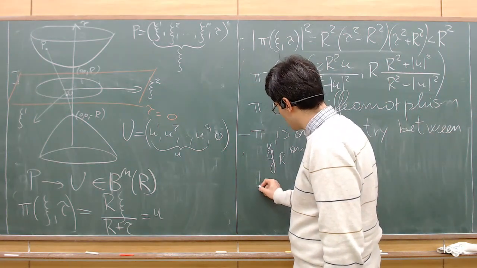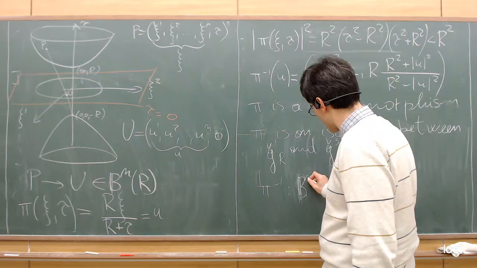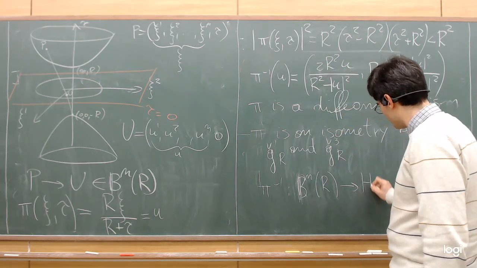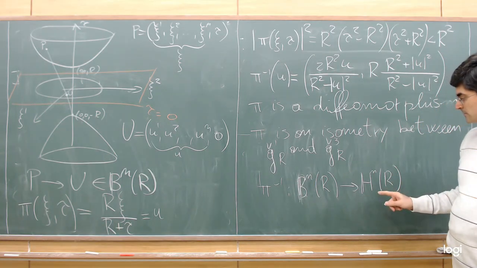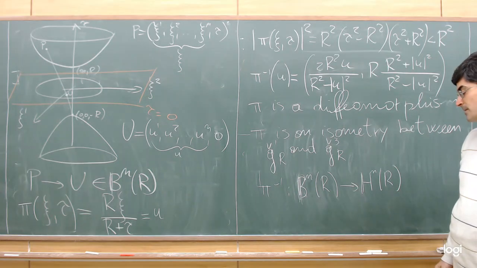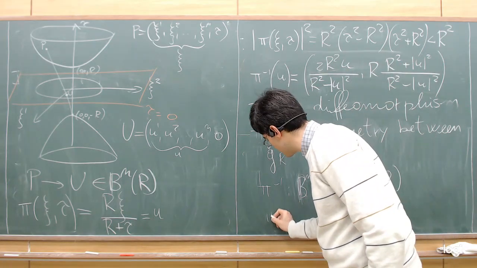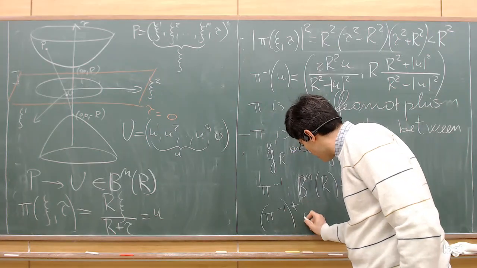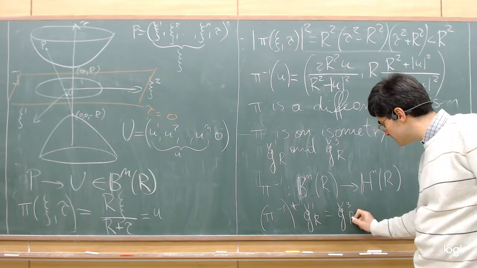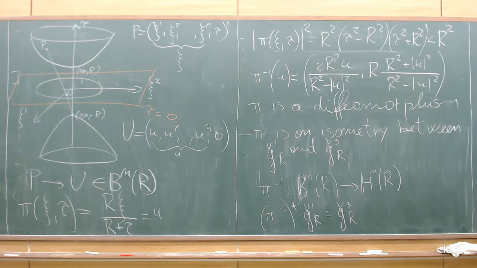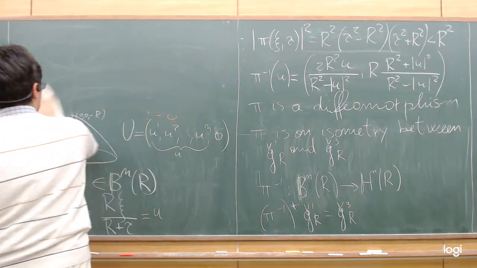It is convenient to work with pi inverse, because the metric G'1 has a simpler expression, and in order to prove that this statement is true, it's enough to check that pi inverse star of G'1R is G'3R, and this is done exactly as before.